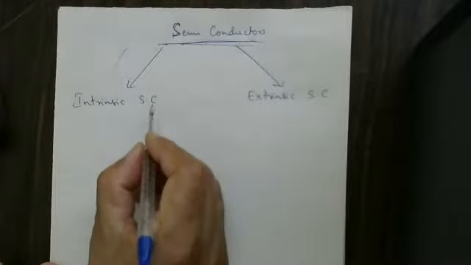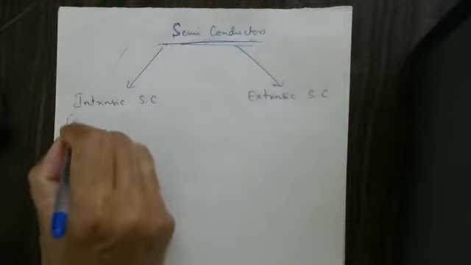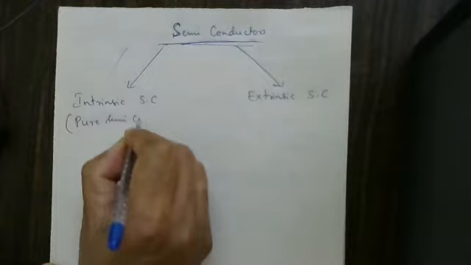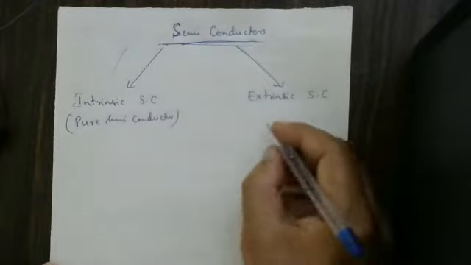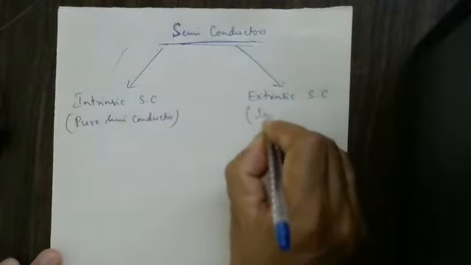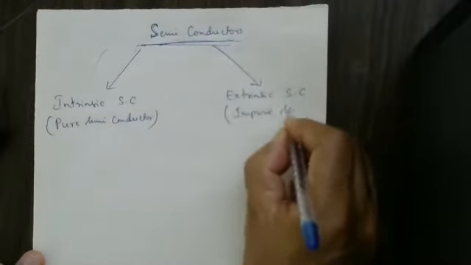Intrinsic semiconductor means it is a pure semiconductor. Extrinsic semiconductor means it is an impure semiconductor.